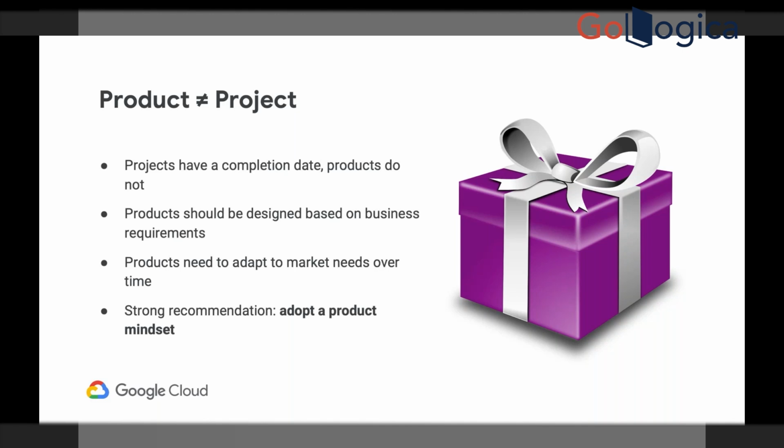As long as there is a demand, you will keep building products. Products should be designed based on the business requirement. A project is only for one single person, so based on what that one person wants, it is one specific thing. But products are more generic in nature, and a product needs to adapt to the market need over time, so you keep enhancing your products.